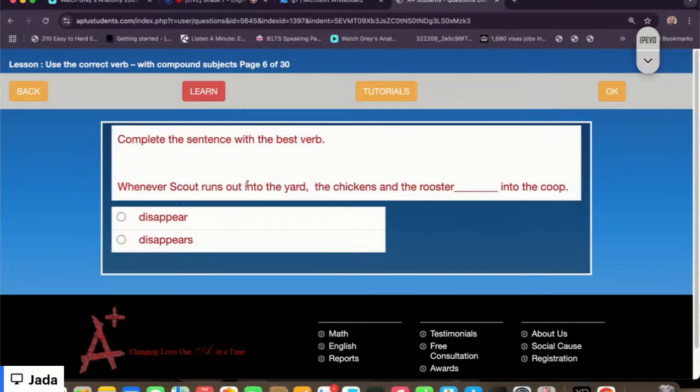So whenever Scott runs out into the yard, the chickens and the rooster dash into the coop. So what is the right verb for this?